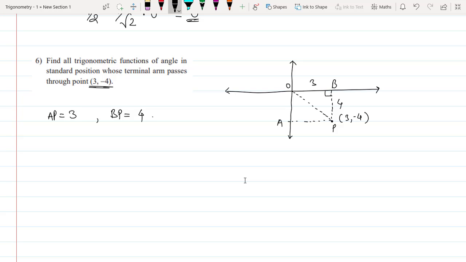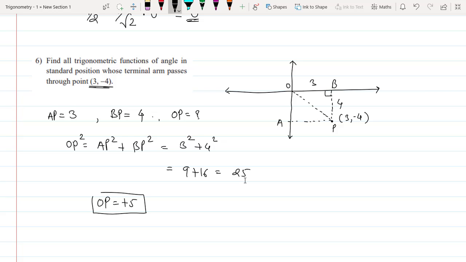Suppose this is O. Can you get this OP? Yes, how? Pythagoras. OP square is equal to AP square plus BP square, which is 3 square plus 4 square, which is 9 plus 16, which is 25. As OP is a distance, it cannot be negative, so I have to take positive 5. So OP is 5.